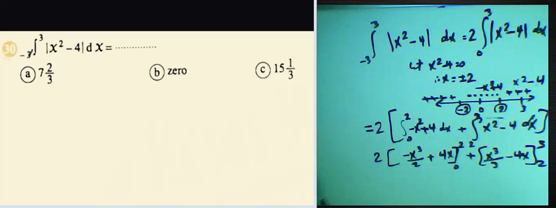And we can use a calculator to find the result. Look at this calculator. The result will be what? It will be 46 over 3, 15.333. 46 over 3, we can write 15 and a third.